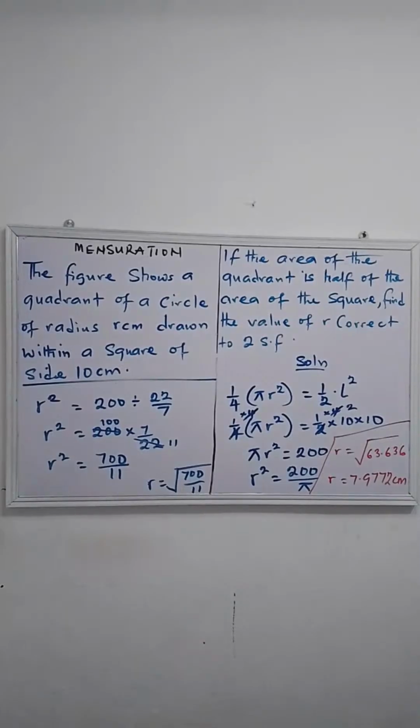Okay. Two significant figures. Let's correct that to two significant figures. What do you have? I think everybody should be able to do that conveniently. All right. Okay. I can see 8 centimeter, 8.0 centimeter. I can see 8 centimeter, 8 centimeter, 8.0 centimeter.